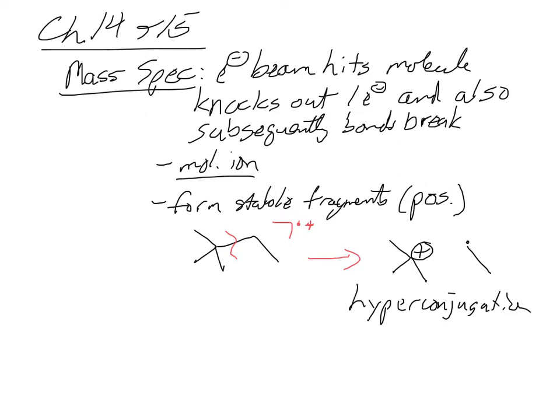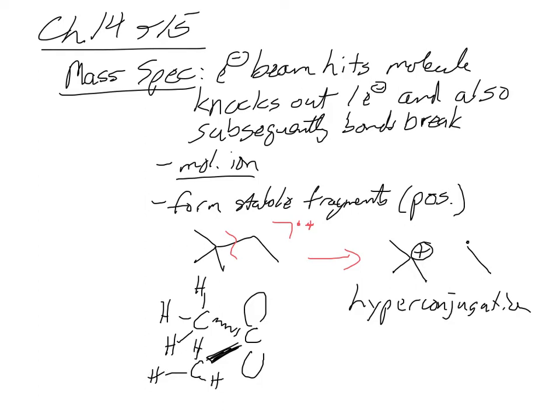Remember, hyperconjugation is when you have a carbocation, which of course is sp2 hybridized. That's empty. And adjacent to it, you have those hyperconjugation buddies. Oh, this one would say CH3.